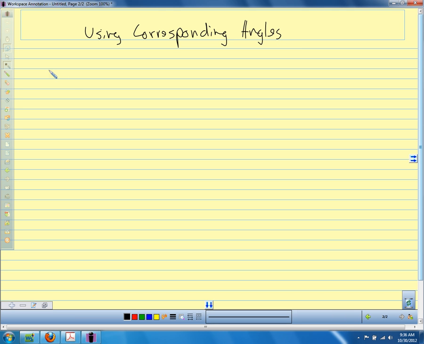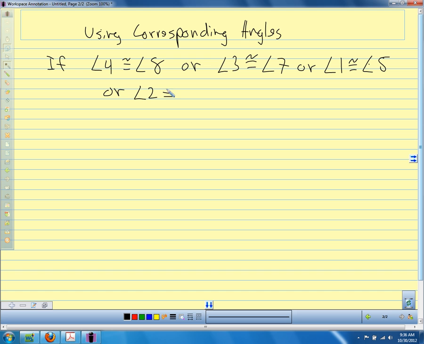To use corresponding angles, we can say that if, and this is the part that goes in your box, angle 4 is congruent to angle 8, or angle 3 is congruent to angle 7, or angle 1 congruent to angle 5, or angle 2 congruent to angle 6, then the lines are parallel. This is the information that goes in your corresponding angles box in the upper left.